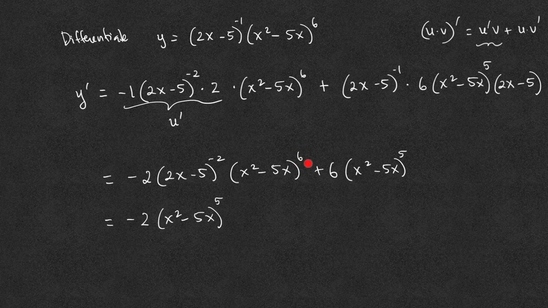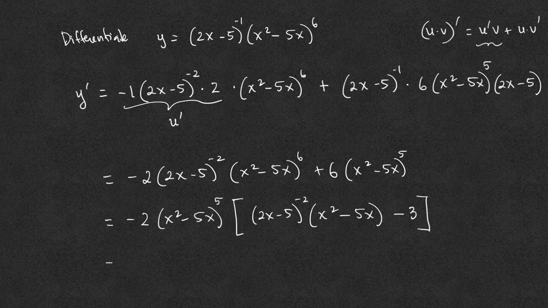We factor out the factor with the lower power. And so we end up with 2x minus 5 to the negative 2 times x squared minus 5x minus, because we factor out the negative 2, 6 divided by negative 2 is negative 3, and we factor out the factor x squared minus 5x to the fifth already.